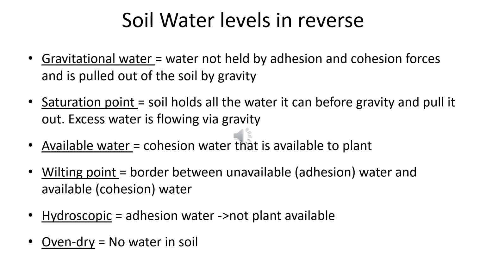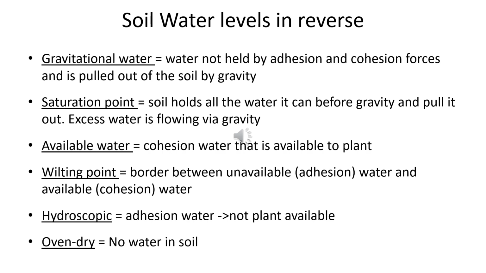Okay, all that water that is just flowing through the system, that's your gravitational water. Now, in that state, that soil's saturated. Okay, and saturation kind of goes down. That saturation point is just above the point at which the water is all held by soil particles. And there's just a little bit of excess that's kind of trickling through, okay, saturated, right?